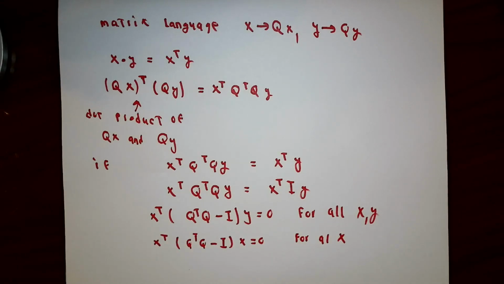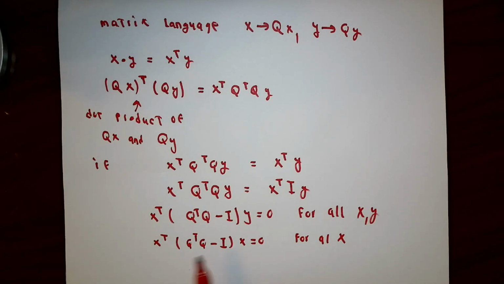In particular, if y is the same vector as x, then this would have to be true for all columns x. It's not difficult to see that Q transpose Q minus I is symmetric.